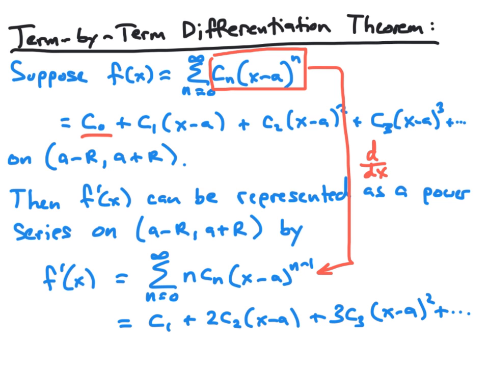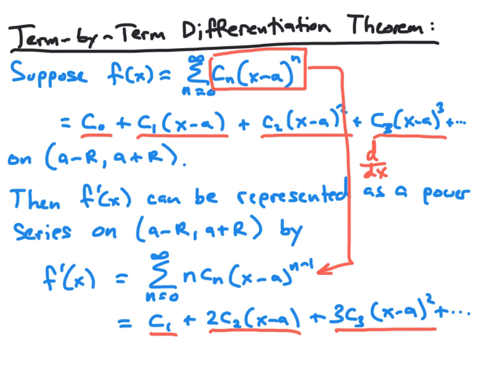The derivative of c0 is 0, which is not listed in our representation below. The derivative of c1 times x minus a is c1. The derivative of c2 times x minus a squared will be 2c2 times x minus a. And the derivative of c3 times x minus a cubed will be 3c3 times x minus a squared. And of course, we could continue on with as many terms as we want in our power series representations.